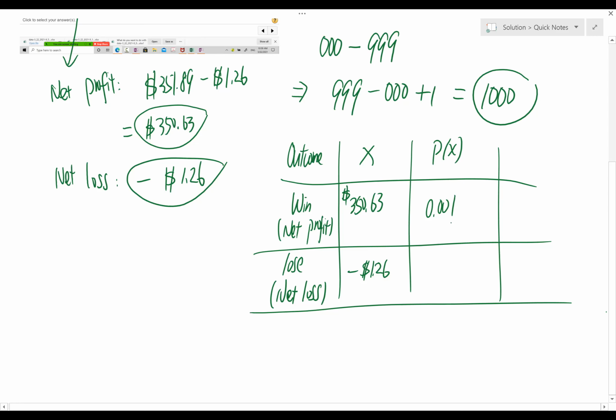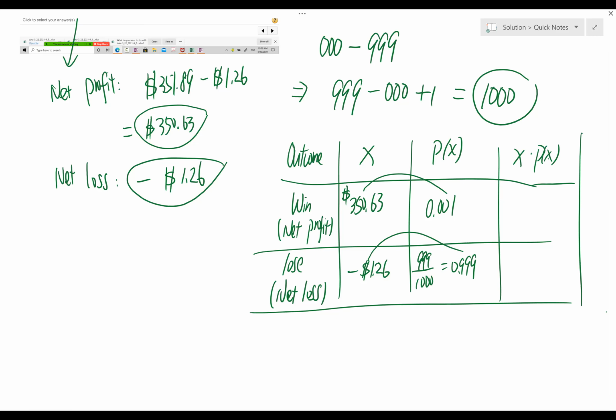And the probability of losing is the complement. So there are 999 losing numbers. So 999 over 1,000, so it's 0.999. And multiply across, right? So the expected value will be X times P of X. And 350.63 times 0.001, and that turned out to be 0.35063.